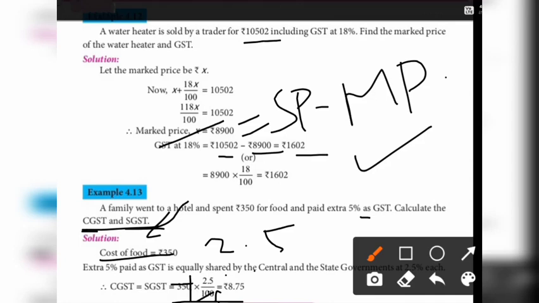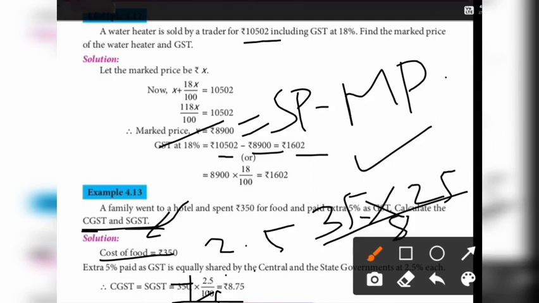When you are cancelling, we get 35 into 25, which is 875. Here we have 2 digits after the decimal, so we get 8.75. Rupees 8.75.